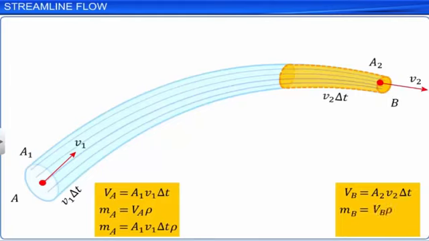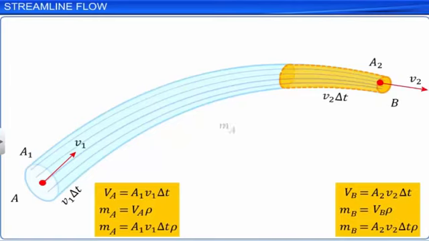Hence, the mass of the fluid, Mb, leaving the tube at B in the same time delta t is A2 V2 delta t ρ. As the fluid is incompressible, its density remains constant.